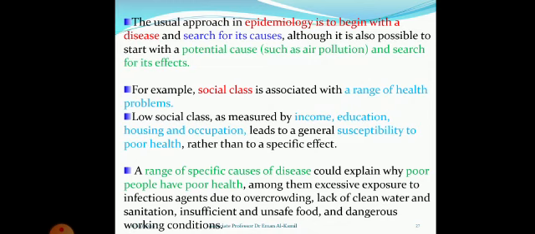People living in low socioeconomic conditions are exposed to a large number of infections, overcrowding, lack of clean water and sanitation, and lack of safe food, and they live in an unsafe environment. So it is important to study certain risk factors and their association with certain outcomes. And thank you.